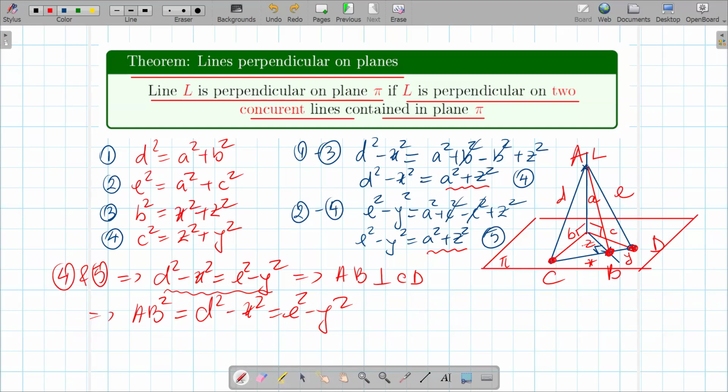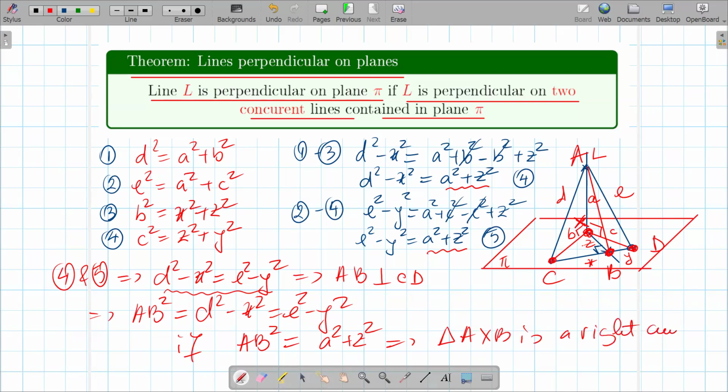So if we prove that AB squared is equal to a squared plus z squared, then this little triangle here, okay, let me put another vertex, like so here, let's say X, that would imply that triangle AXB is a right angle triangle, no? And that's exactly what we were set to prove, no?